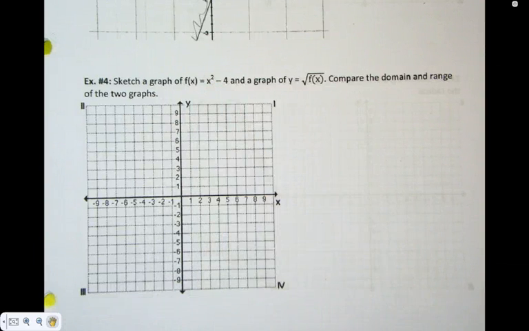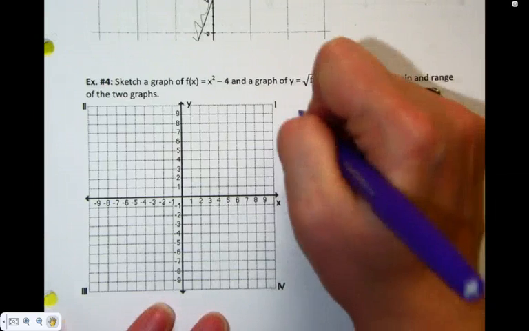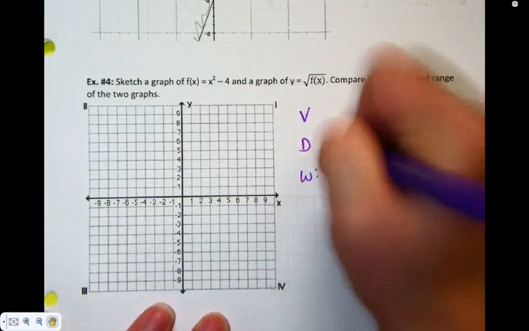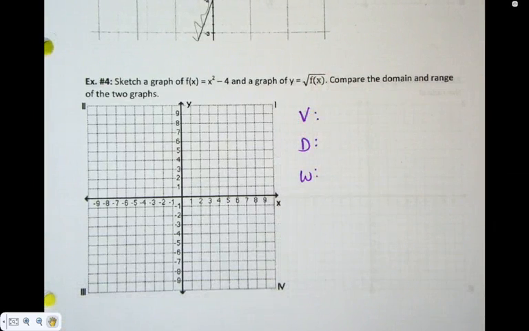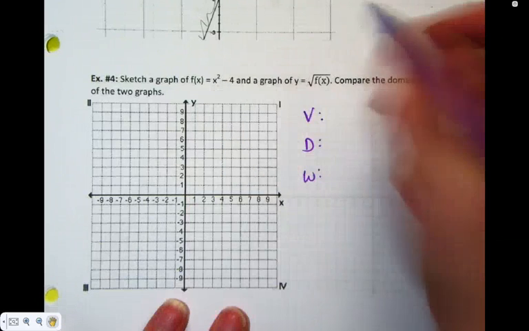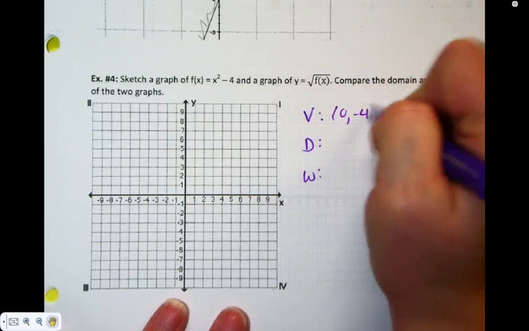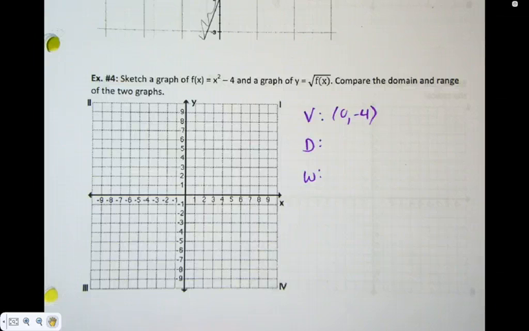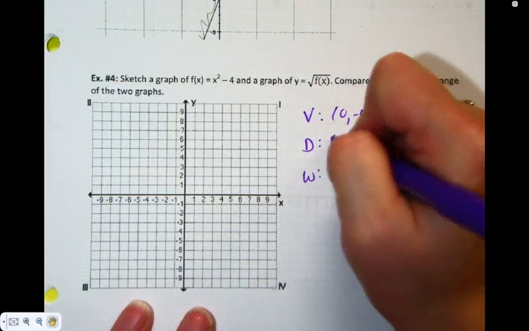What are the 3 pieces of information we need to draw a quadratic? Vertex, direction, and width. Again, if you'd rather draw the base graph than do the transformations, you can do it that way. What's the vertex? 0, -4. What's the direction? How do you know? It's negative x.